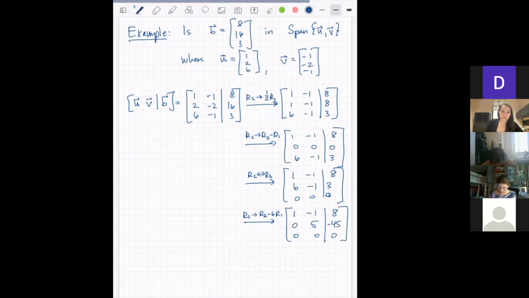And if we want to scale this, we can just take row 2 and divide by 5, right? So 0, 1, negative 9.